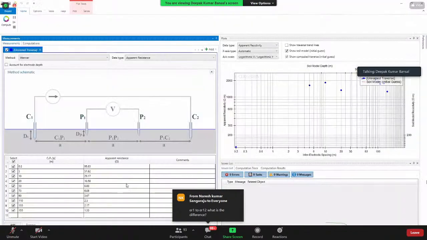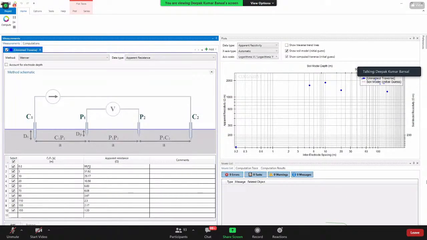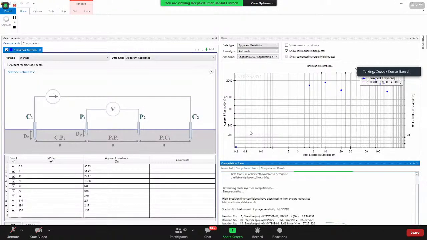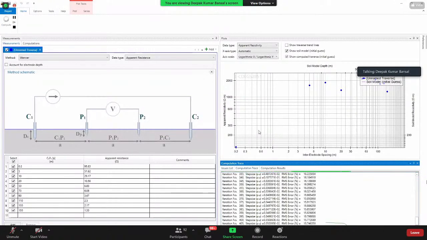So what we have done in the software is input all the apparent resistance values from 0.2 to 150 meter probe spacing. Now we will start analyzing this data. The computer will do it for us.